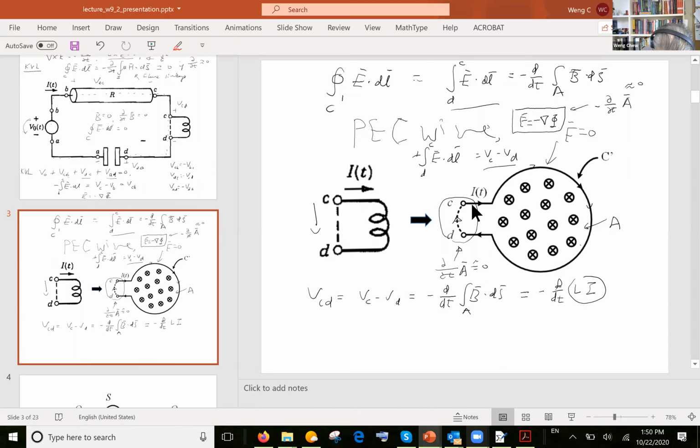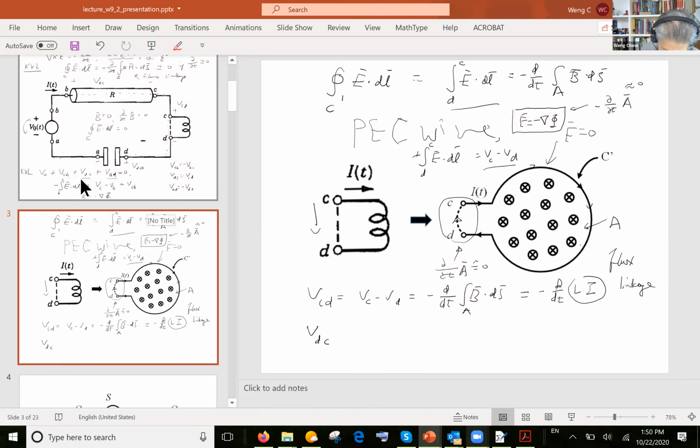This is my flux linkage. Then, since in the previous slide I was working with VDC, essentially I have VDC equals d dt of Li.